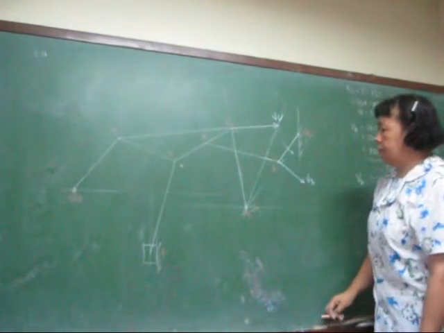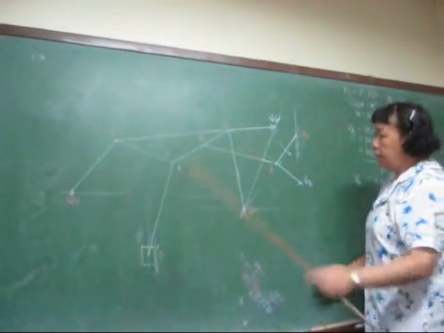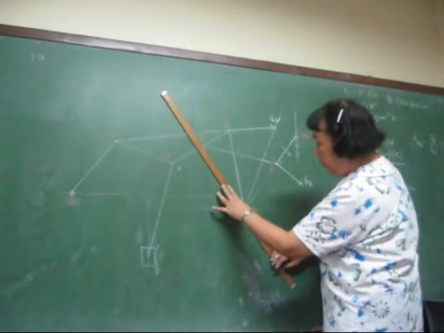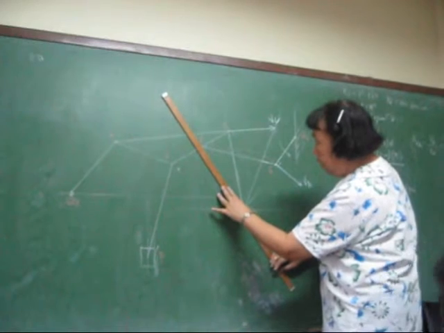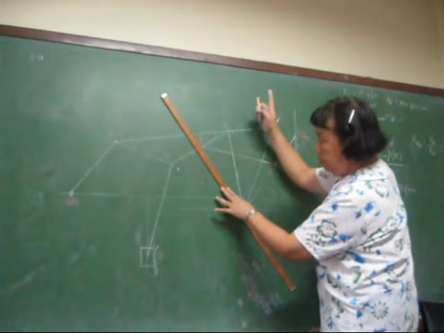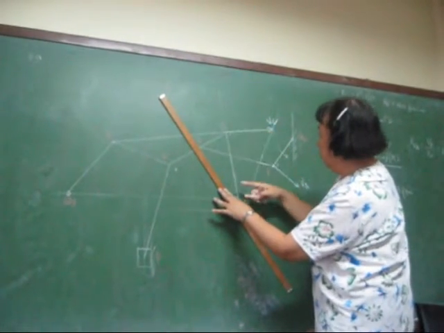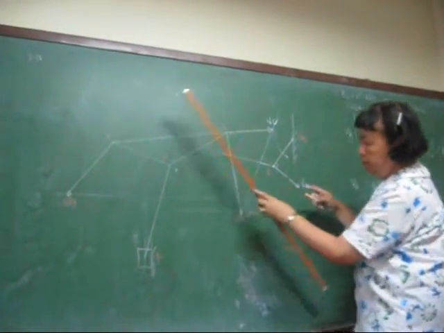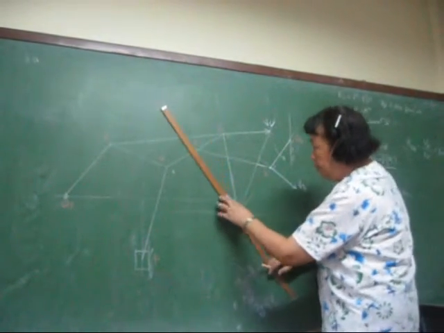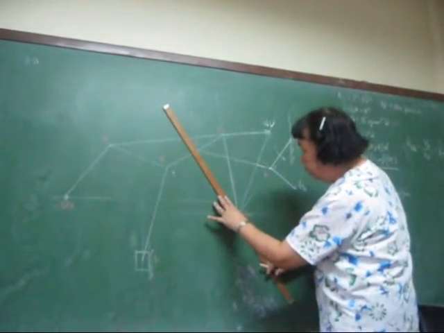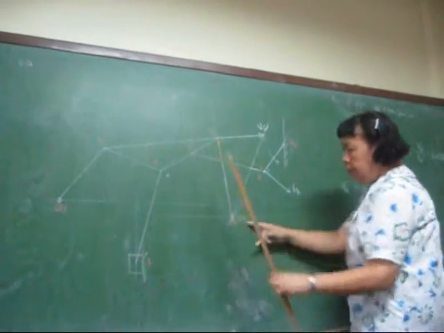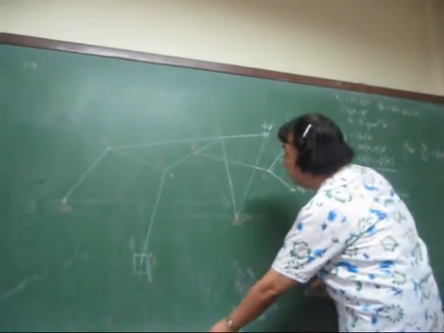What next? You can use also this one as your instantaneous axis. You now connect point B by line to your instantaneous axis.